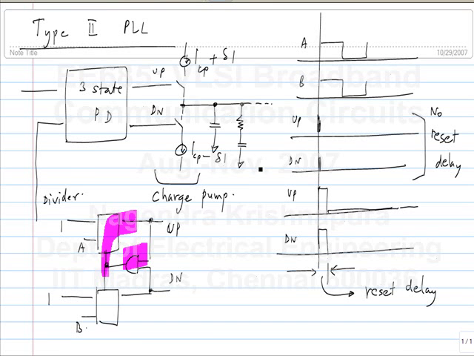No, what is the operating point of the circuit? Even if there is no phase difference, you can't determine the output.